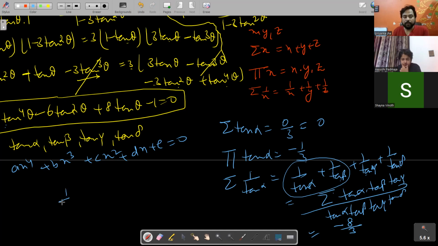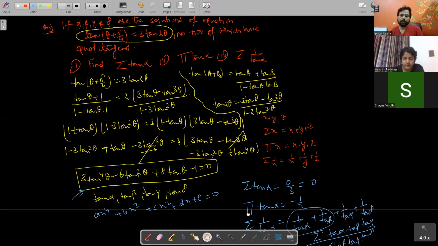Suppose you have 1 by x plus 1 by y. So this is the LCM and the numerator will be x plus y. But suppose you have 3 terms. Got it? So now this would be minus d by a. d is 8. So minus d by a upon the product of the roots, minus 1 by 3. So 3 gone, minus gone. So the answer is 8. Understood?